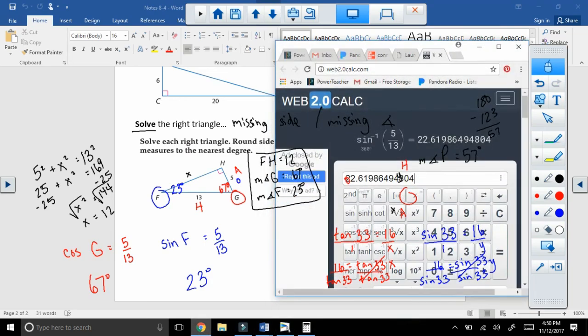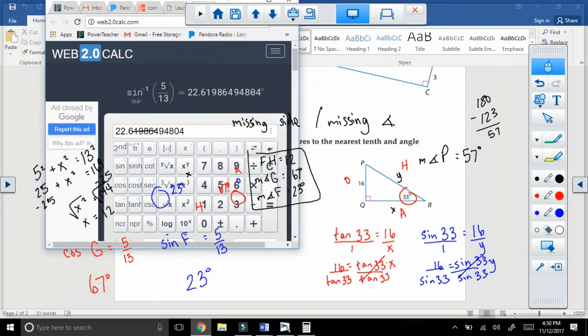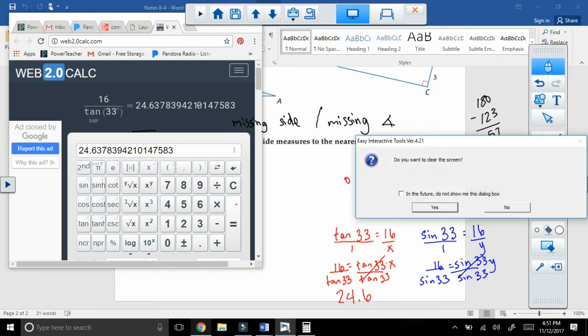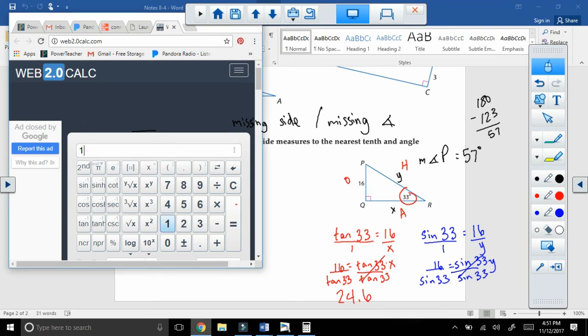So I'll just grab my calculator, pull it up over here. Hopefully you can still kind of see it. I got a lot of stuff over top of it. Okay, I had to get rid of some of that stuff. It was kind of getting a little crowded. Okay, so I have 16 divided by, and I'm not doing the inverse here because I know the angle. I'm just doing the tangent of 33. So that is about 24.6, and it did ask me to round these to the 10th. And then the other one, I have to do 16 divided by the sine of 33.